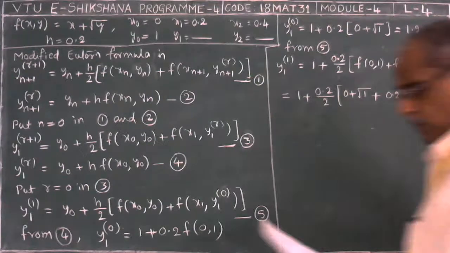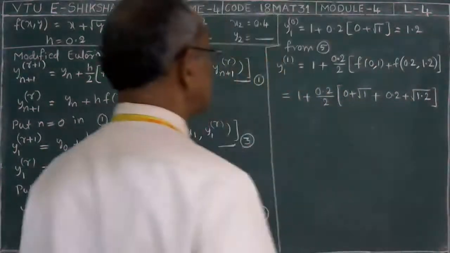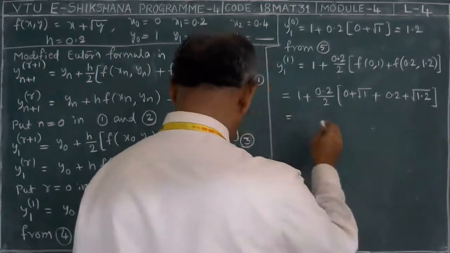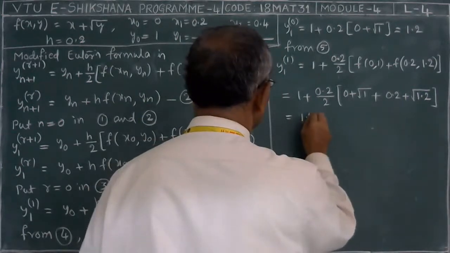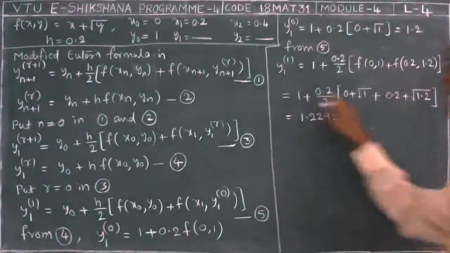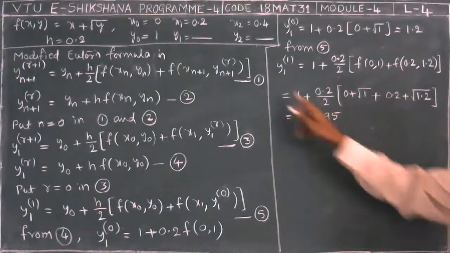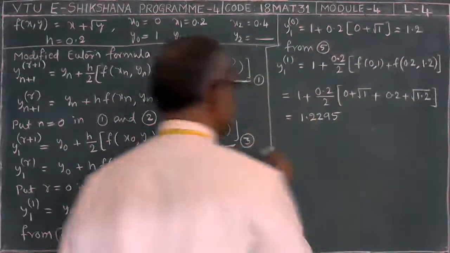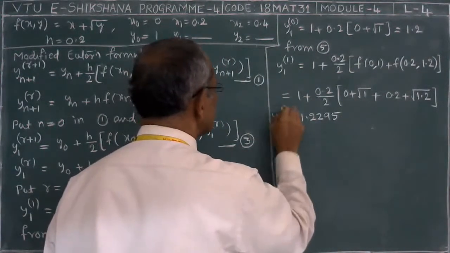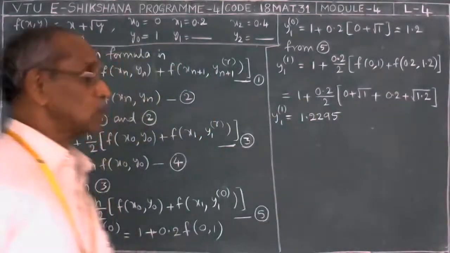If you calculate carefully using a calculator, you get y11 as 1.2295. y11 is 1.2295.